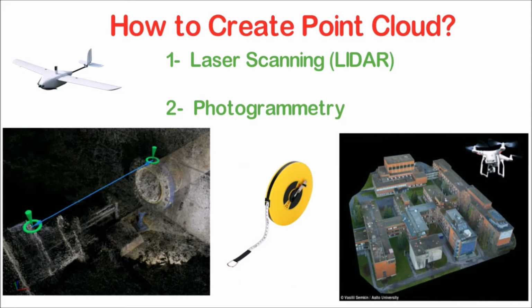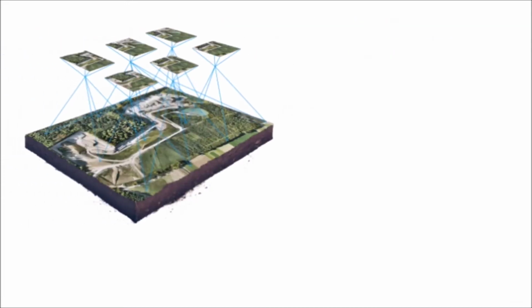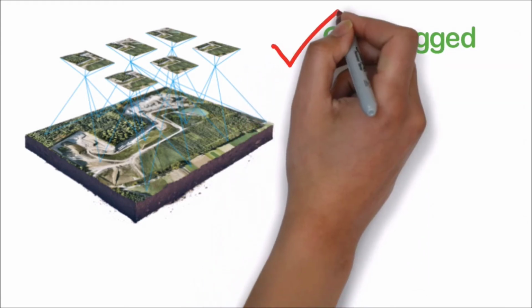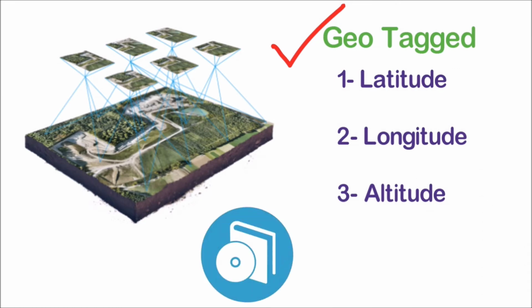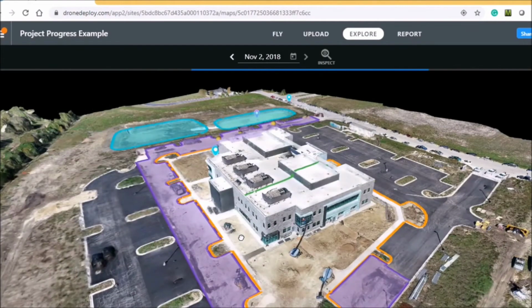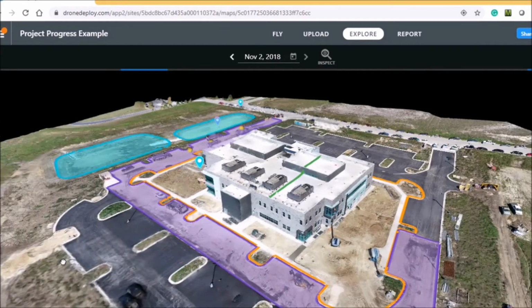In photogrammetry, hundreds and thousands of images are captured using a drone, and these images are geotagged, which means it saves images with geo information like latitude, longitude and altitude. Now, these images are processed in photogrammetry software to create a point cloud, 3D model along with other outputs.